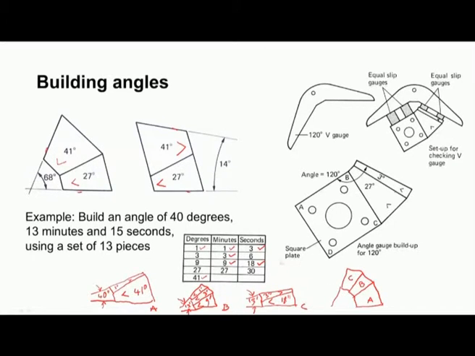So, totally this angle is 40 degrees, 13 minutes, 15 seconds. So, like this we can build the angles.